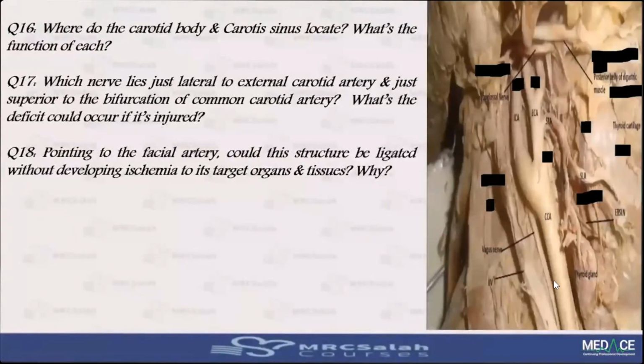Pointing to the facial artery, could this structure be ligated without developing ischemia to its target organs and tissues? Yeah, we can ligate the facial artery because there are a lot of anastomoses from the contralateral side.